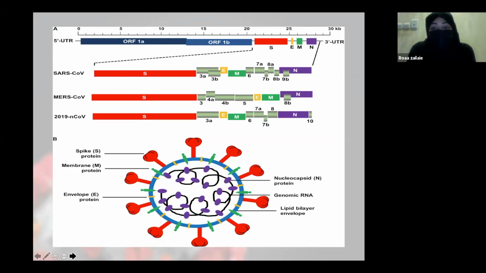The difference is mainly in the green part, which is the membrane protein and also the genomic RNA. This is important in choosing the treatment regimen. All the data and clinical trials are based on the previous SARS-CoV and MERS-CoV pandemics, so they try to use the same antivirals used previously because of the same structural genetic makeup.